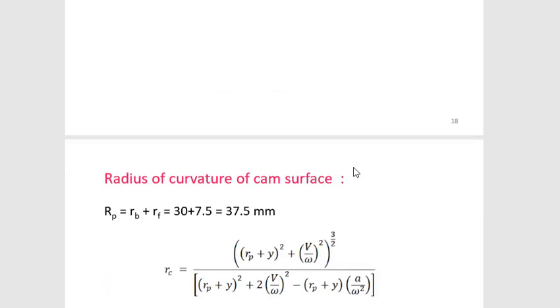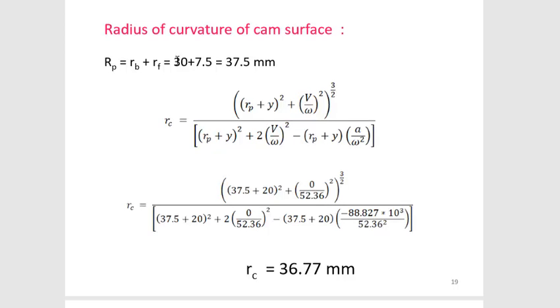The next parameter we need to find out is the radius of curvature of cam surface, represented by RC.